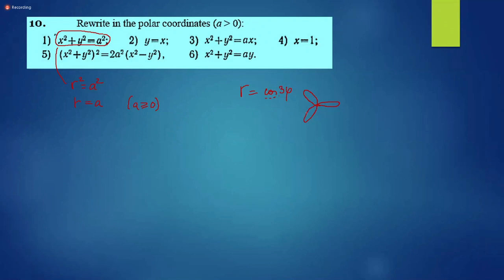This is also possible. So generally, we assume that r is non-negative, but when we are describing some curves, it might happen that r becomes negative, which in our understanding will mean simply go in the opposite direction.